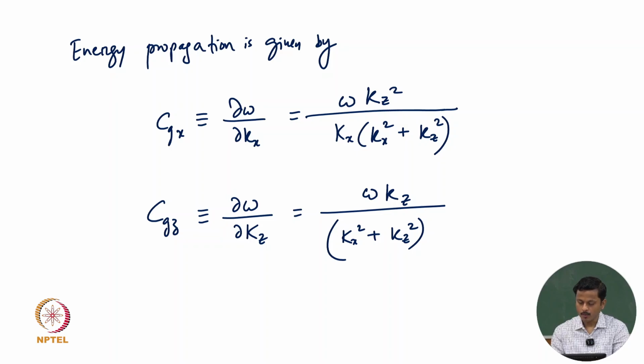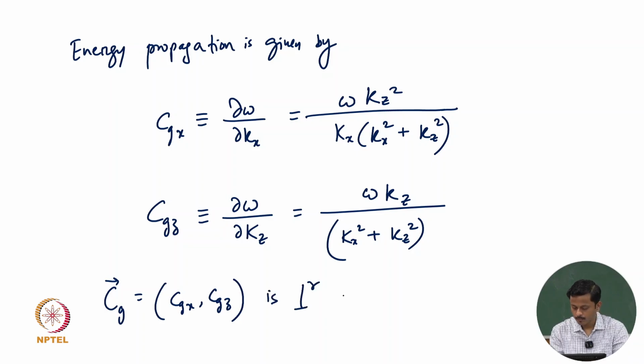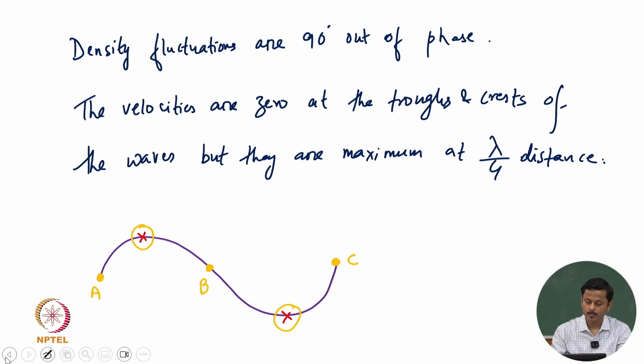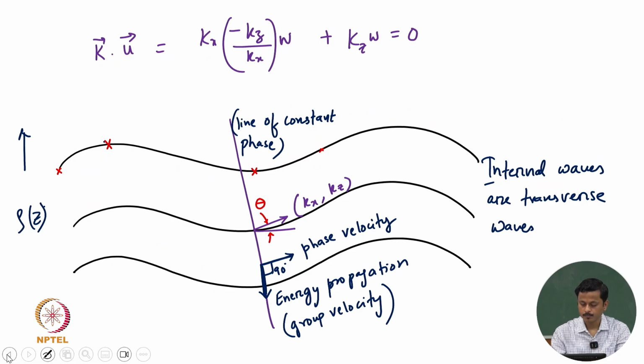Now this group velocity is perpendicular to the wave number, and is downward, as we drew in this schematic.